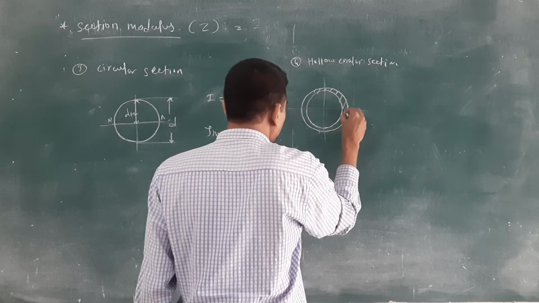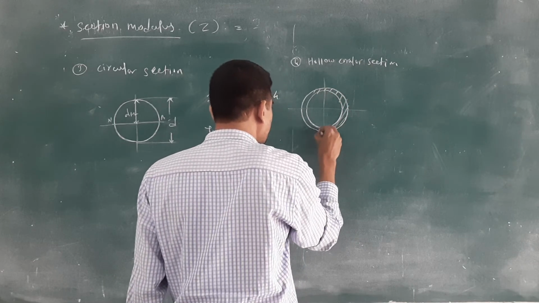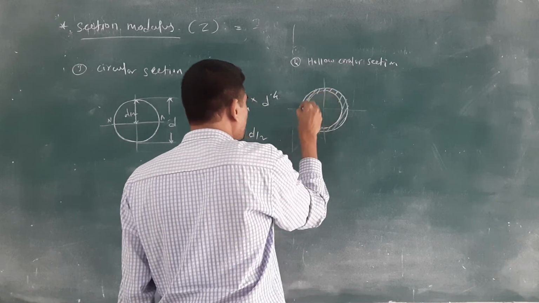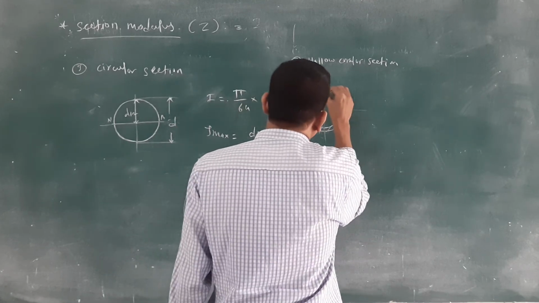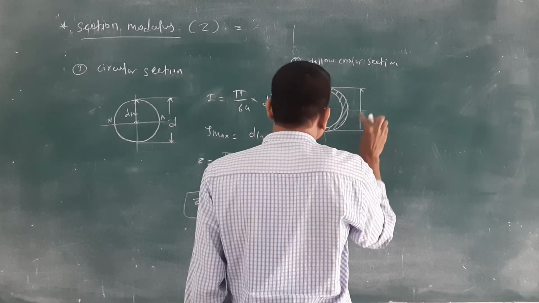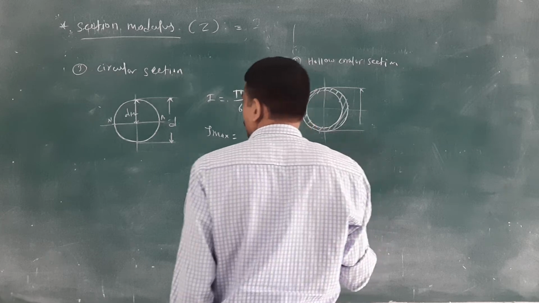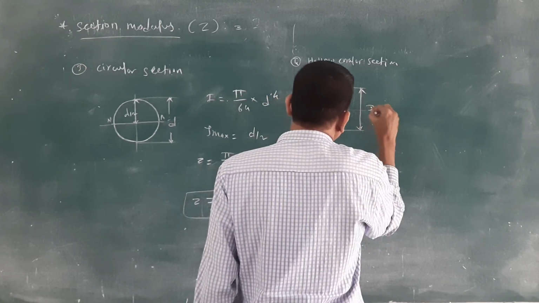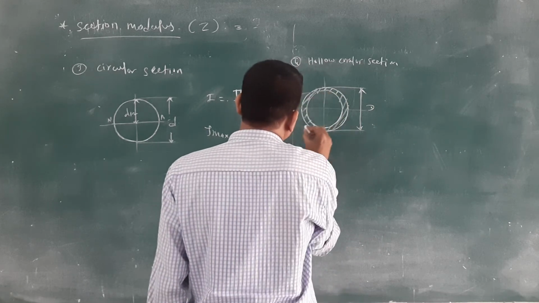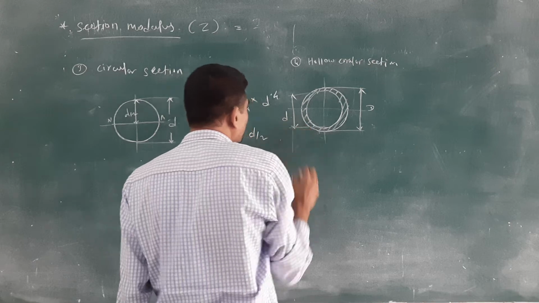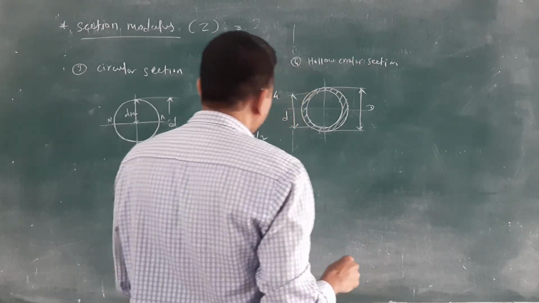This is the hollow circular section. Here you will get two dimensions. Which two dimensions? On the outer side we will consider capital D, and on the inner side we will consider small d. This is the dimension.